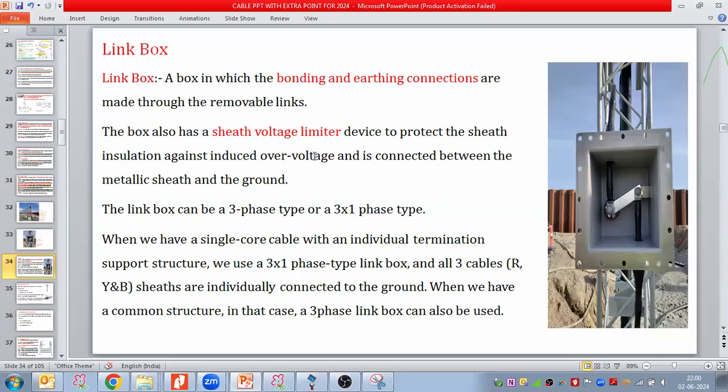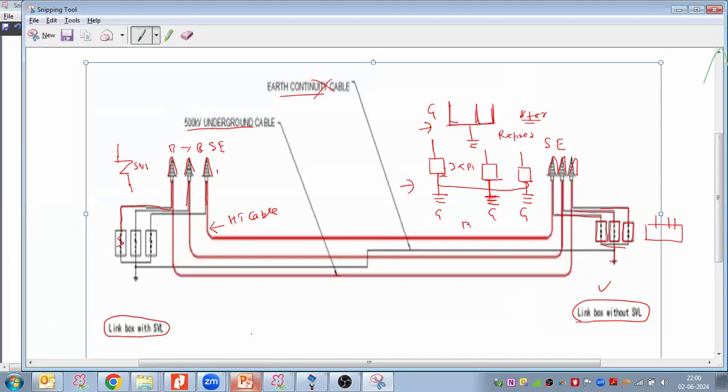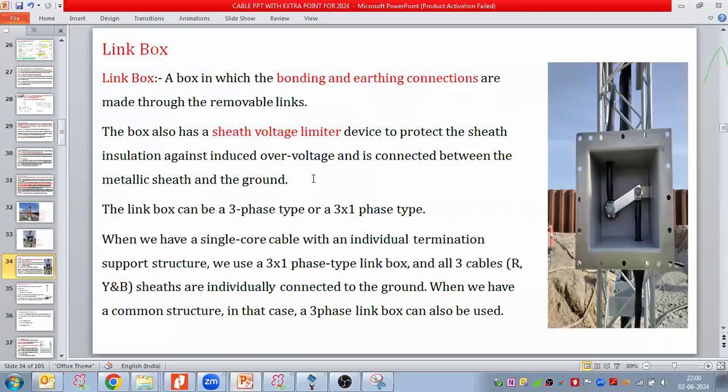Voltage will be there, but if voltage comes above the limit, we call that over voltage, and it is connected between the metallic sheath and ground. We have seen one example of the cable grounding system. This is how we prepare the drawing for cable grounding systems.